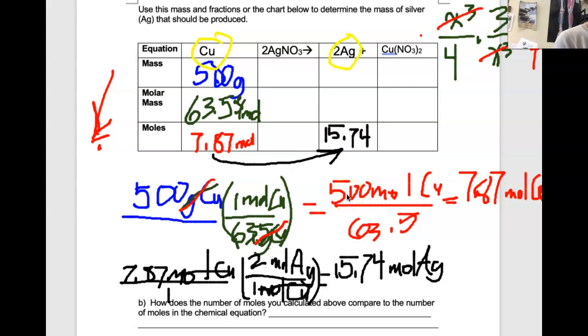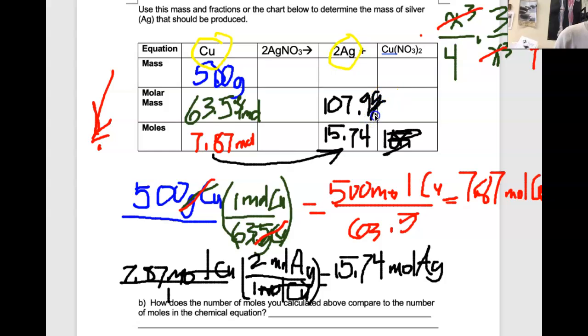And now we want to figure out grams of silver. In order to go from moles to grams, this is where we need our molar mass. If you look at your periodic table and find silver, you'll probably find something around 107.9. Oh, I'm sorry, I'm writing that in the wrong place. Please disregard that. I should be writing it here where it says molar mass. 107.9 grams per mole.